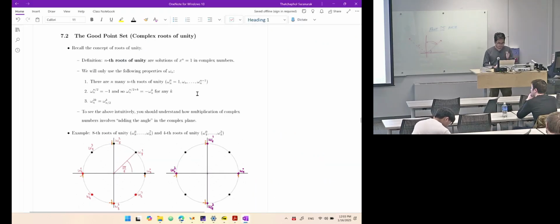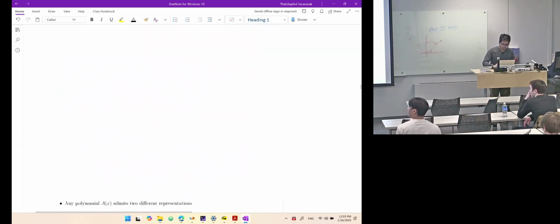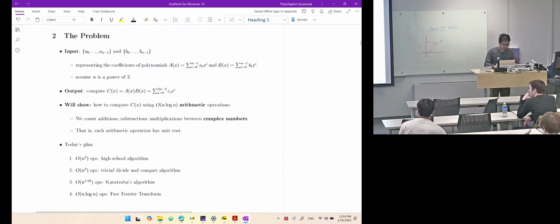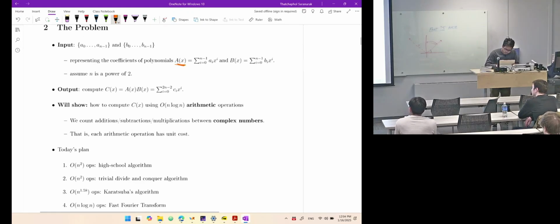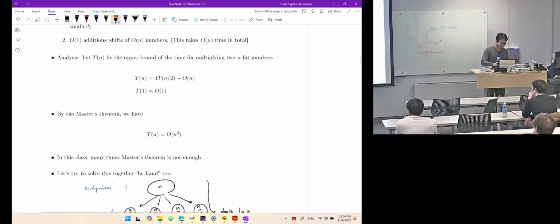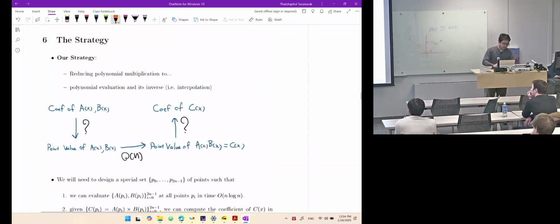And now, back to what we left off last time. Just to recall, what we want to look at is the problem of polynomial multiplication. You're given two polynomials A and B, represented as coefficients, and you want to multiply them. That's the problem, polynomial multiplication. We have seen a bunch of algorithms, but at the end we looked into this strategy.